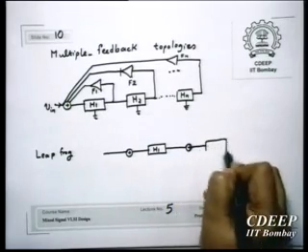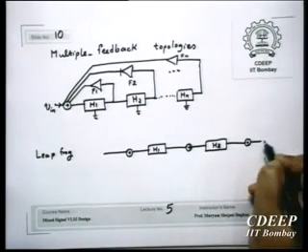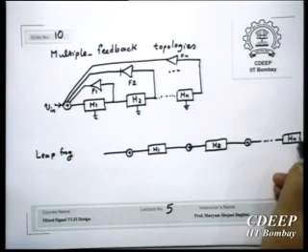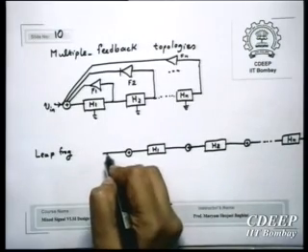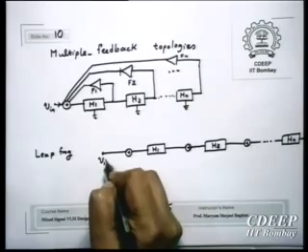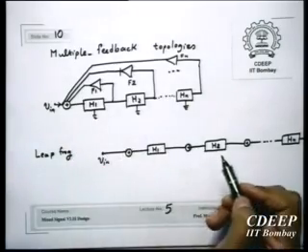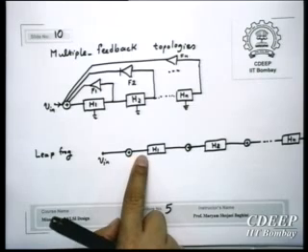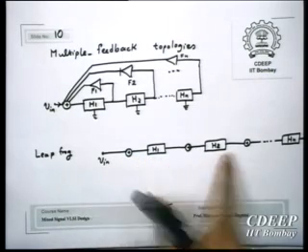Then H2, again added, up to HN. Now, each one of them receives a feedback. So, for example, this is the input, and it receives a feedback because this is going to H1. So it will receive feedback from the next stage, which will be H2.